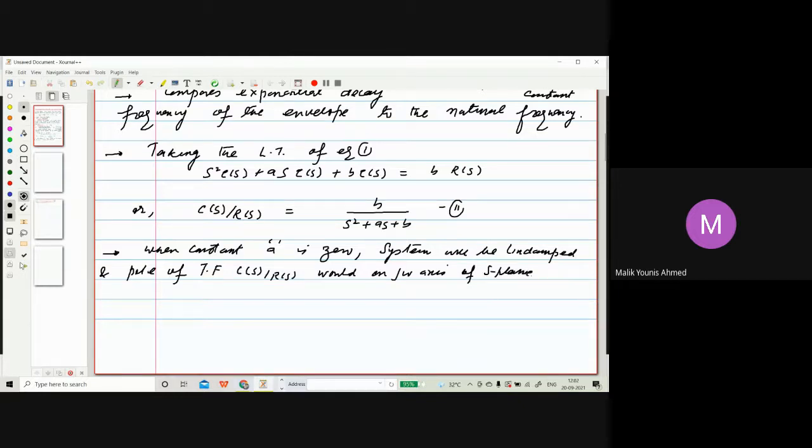In other words, in simple words, we can say the poles of the transfer function would be purely imaginary. It is very clear. Poles of the transfer function are going to be purely imaginary.